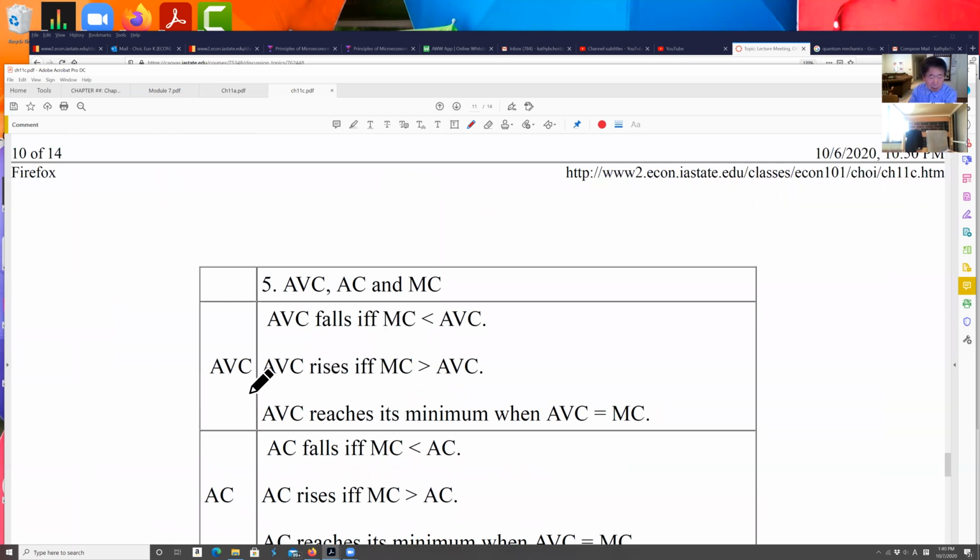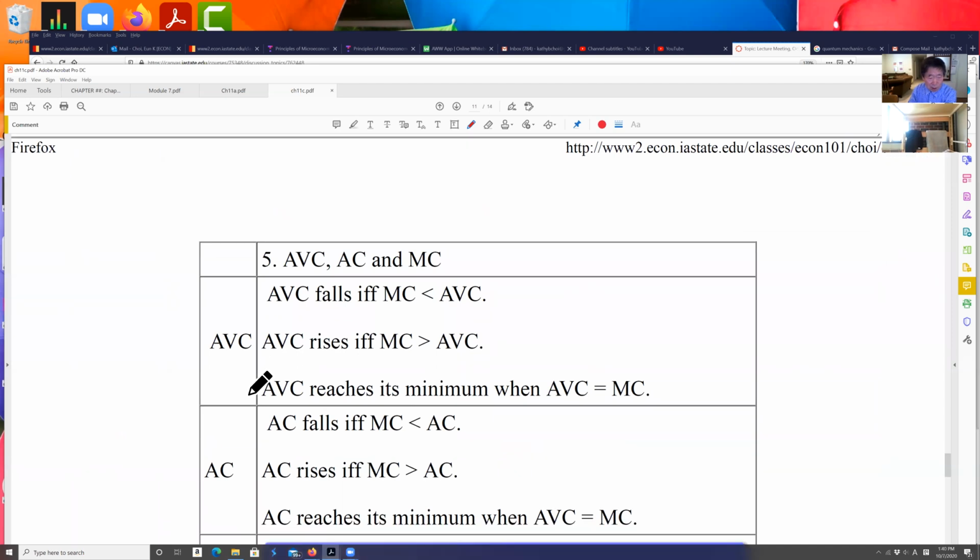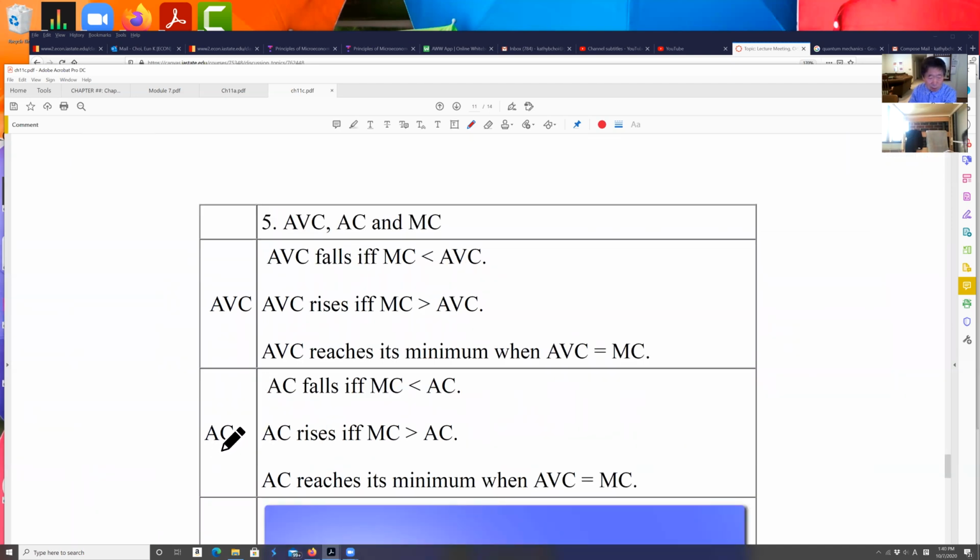Now, the relationship between average cost and marginal cost, we can deal with this one. The slides do not say enough here, but remember, IFF is not a typo.